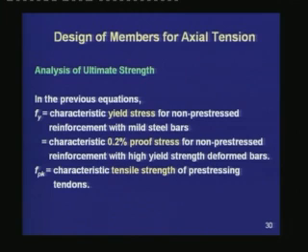Fy is the characteristic yield stress for non-prestressed reinforcement with mild steel bars, or it is the characteristic 0.2% proof stress for non-prestressed reinforcement with high yield strength deformed bars, and fpk is the characteristic tensile strength of prestressing tendons. Thus, we have the expression of the ultimate tensile strength of a member with or without non-prestressed reinforcement.